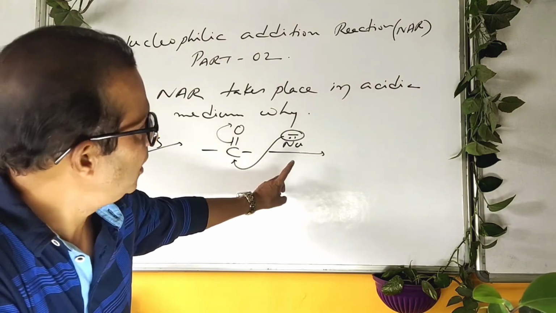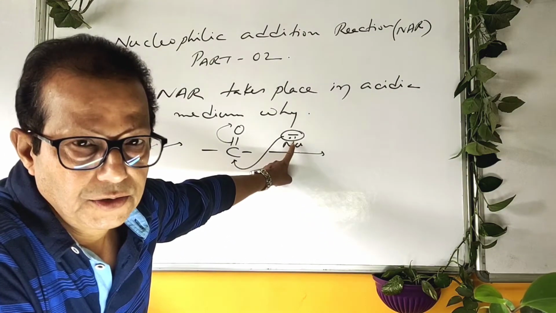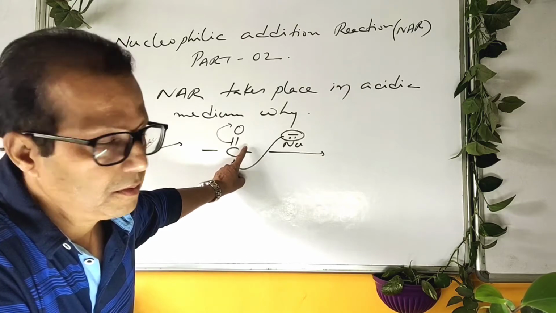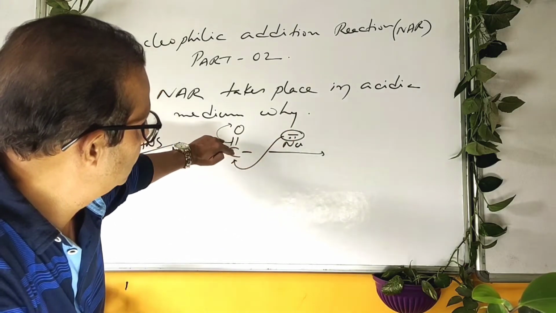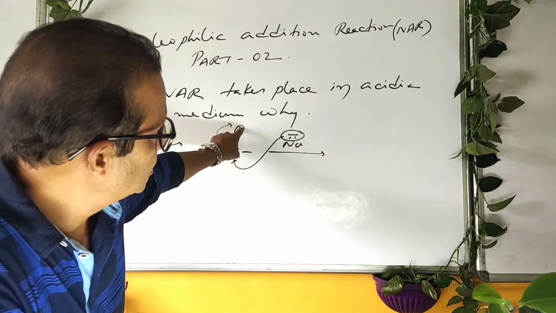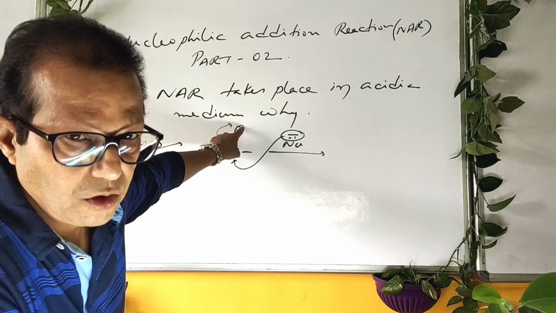As nucleophile approaches the carbonyl group, the pi bond moves towards the more electronegative oxygen atom.